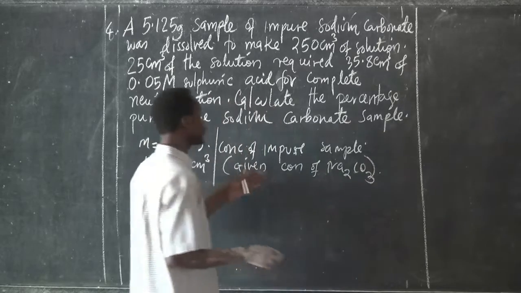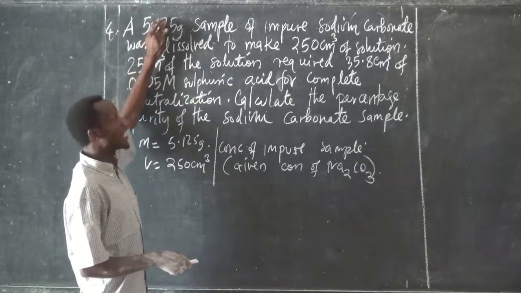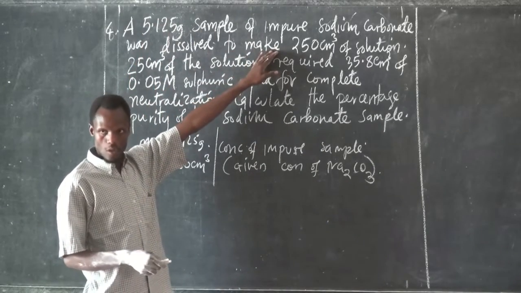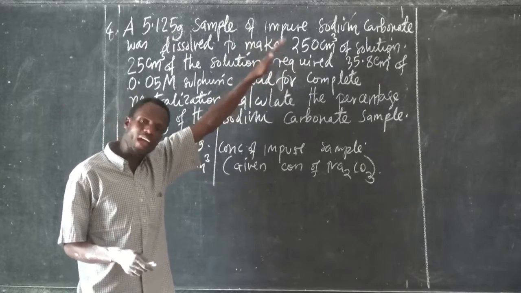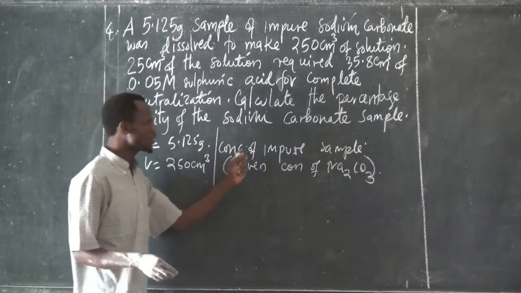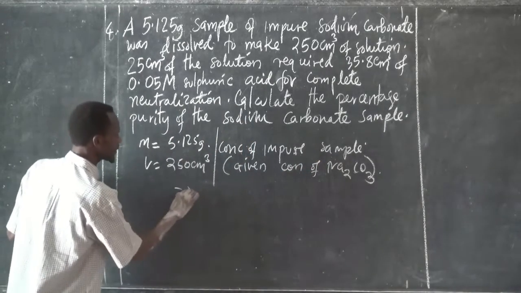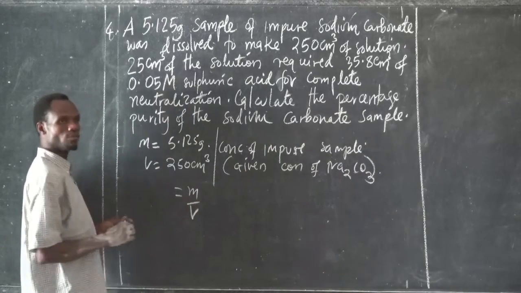Why do we call it given concentration? Because mass is there and volume is there. So everything is there for calculating the concentration. Now it is all about taking mass over volume.